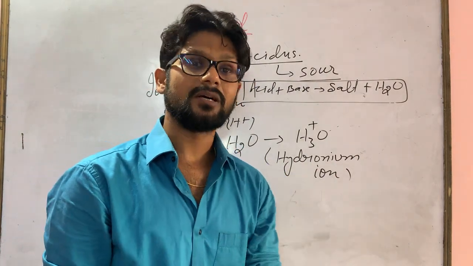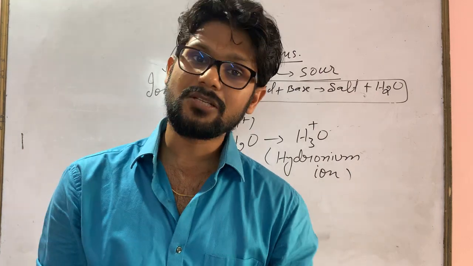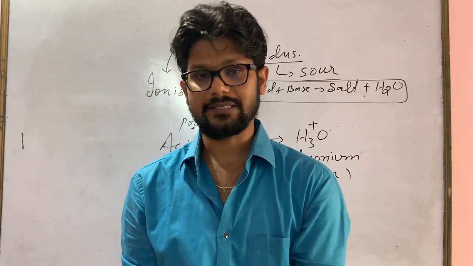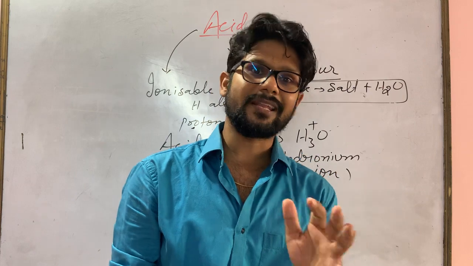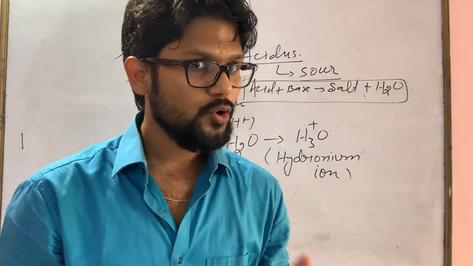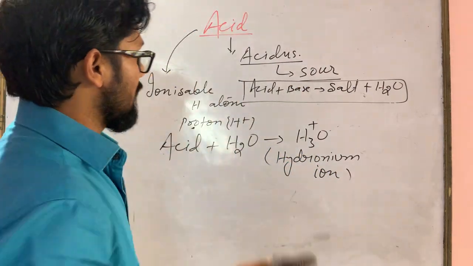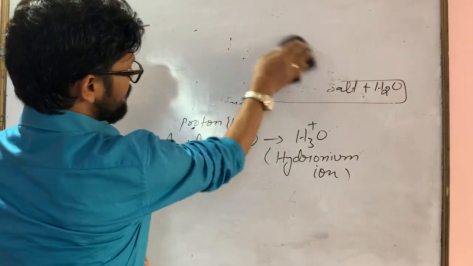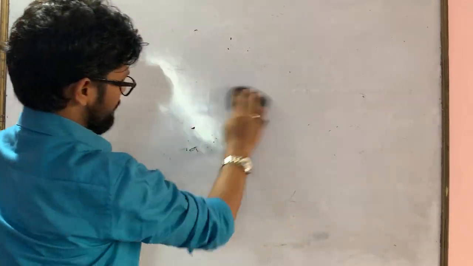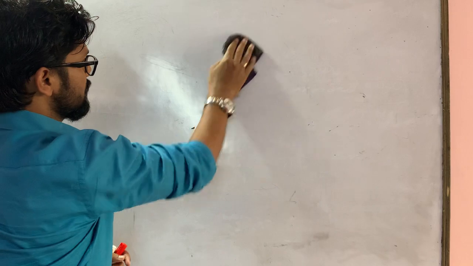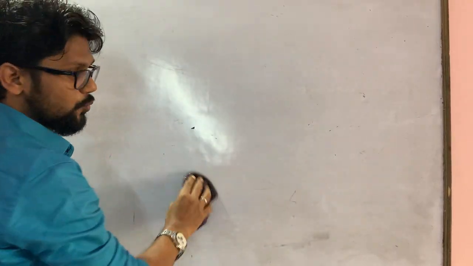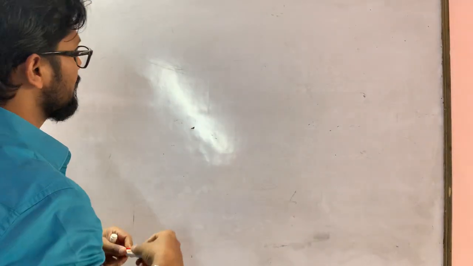So this is the nature, or you can say the characteristics, of acid. So here the definition and introduction of the acid topic is over. Now we'll see classification of acids. There are many classifications that I'm going to explain one by one.